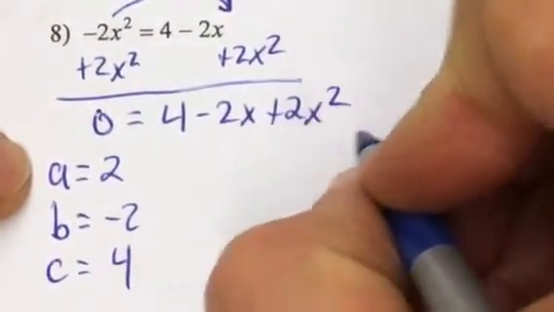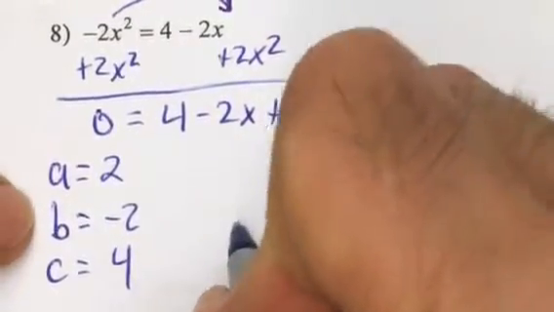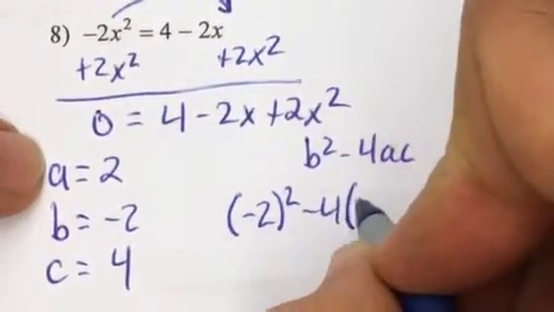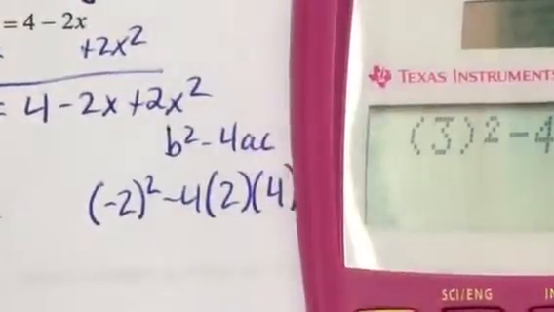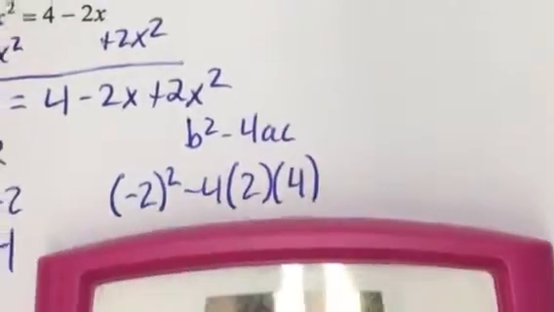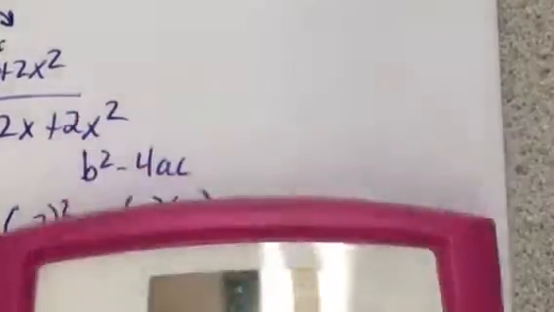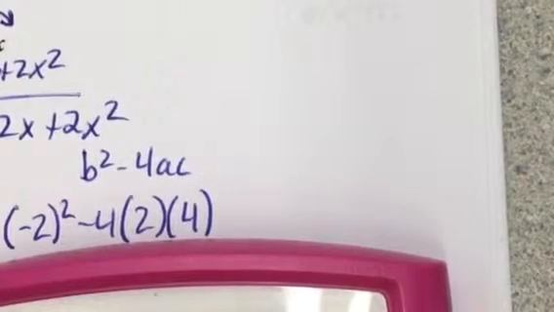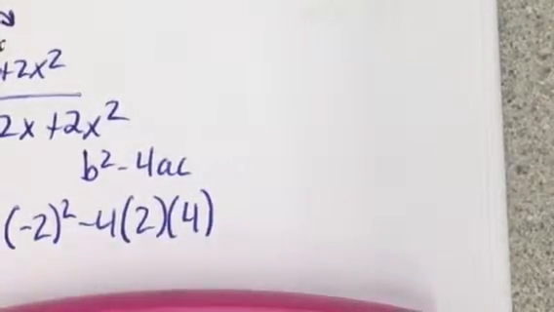B squared minus 4ac. I'm going to write it again. B squared minus 4ac will be -2 squared minus 4 times 2 times 4. Calculator time. -2 squared minus 4, 2, and 4. -28.